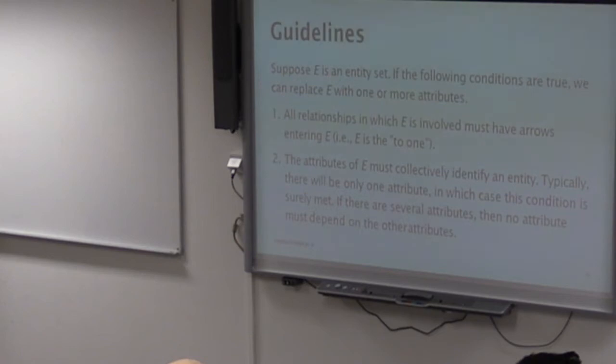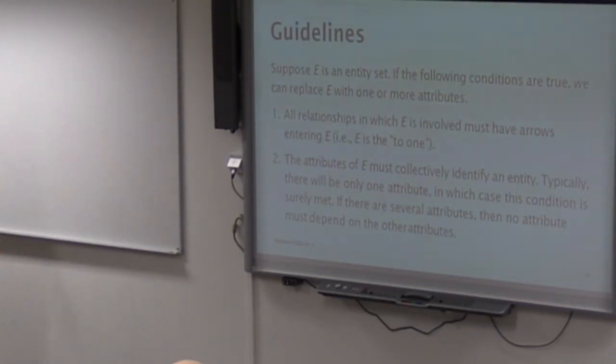So sometimes you can use a guideline. If you have an entity set named E, and two conditions, 1 and 2, are true, then you can replace that E with one or more attributes. Condition 1: in all the relationships in which E is involved, E has the arrows into it.